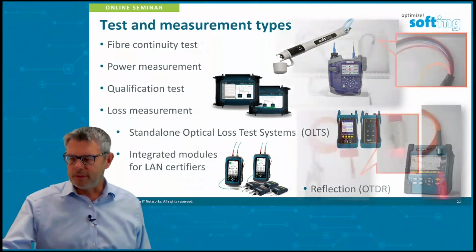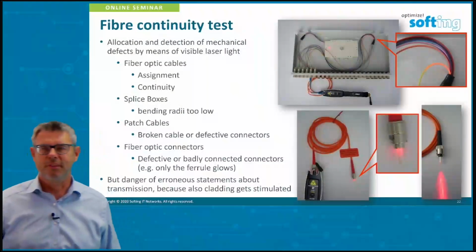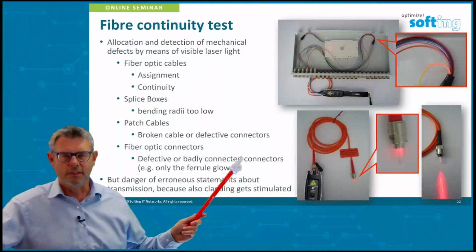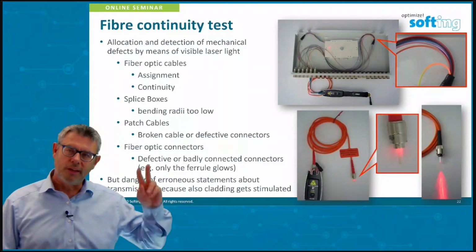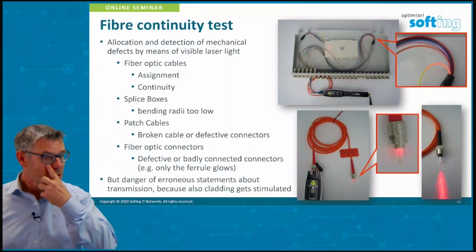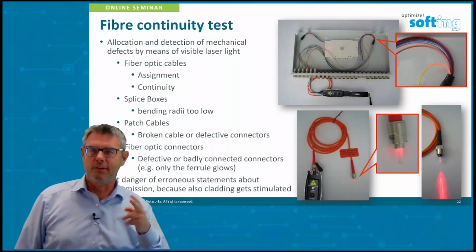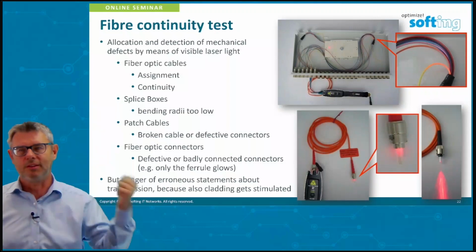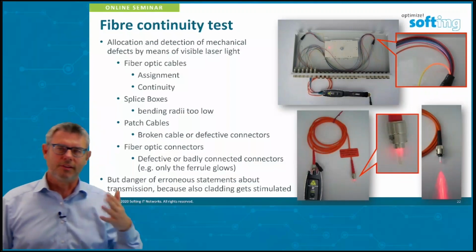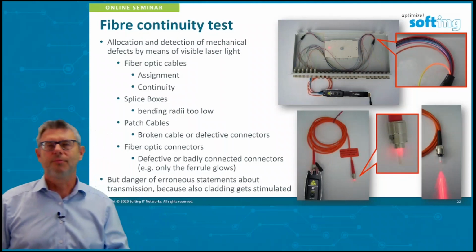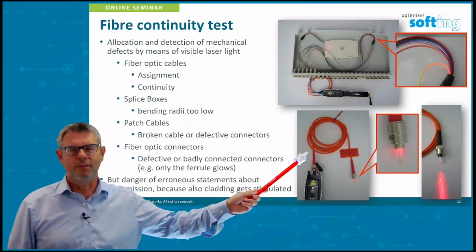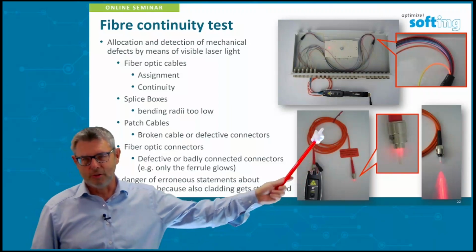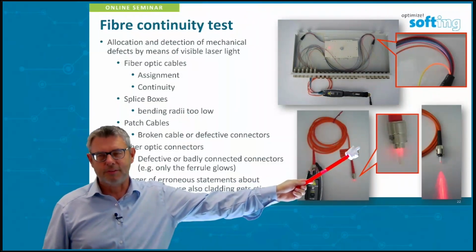Let's start with the fiber continuity test. That's very simple. We are using a visible light source here to do this kind of testing. What we're trying to find, first of all, we try to find out polarities. Do we have the proper polarities? Do we have the proper crossings between the beginning and the end of the fiber optic cable? Things like that are done with visible light. And also things like here, what we see here is determine defective connectors. You see here the whole ferrule of the connector is glowing.